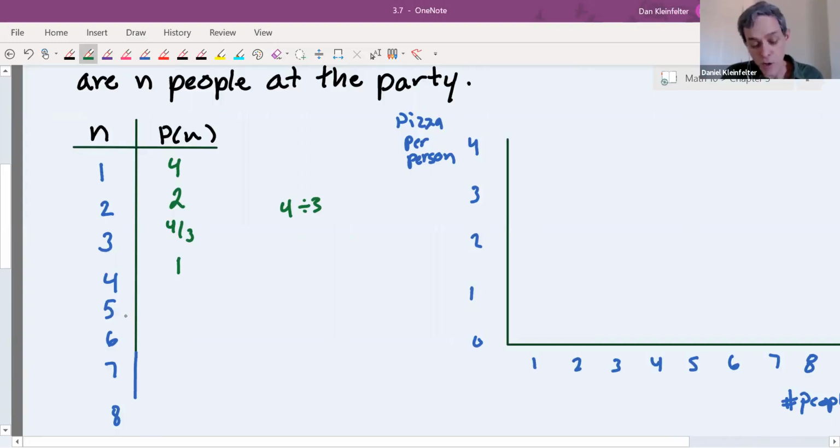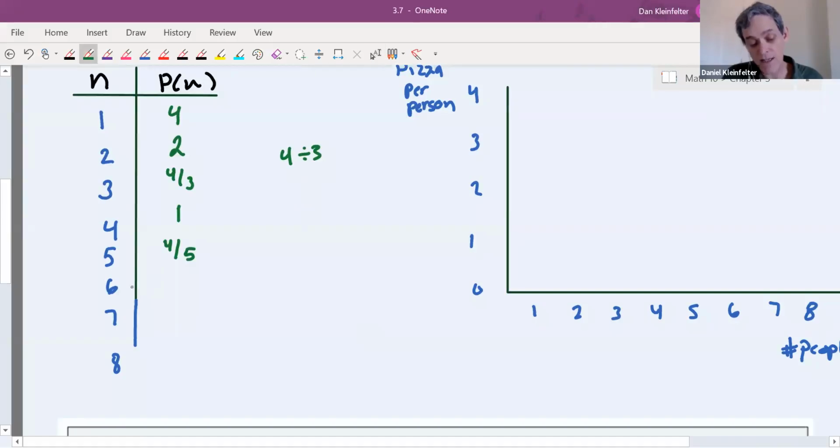So if there are 5 people, we have 4/5 of a pizza, 4 pizzas divided by 5 people. Now you can figure out how the rest of this is going to go, right? For 6 people, we have 4 divided by 6, which is the same as 2/3. For 7 people, we have 4/7 of a pizza. And then for 8 people, that will be 4 divided by 8, or half a pizza for each person.